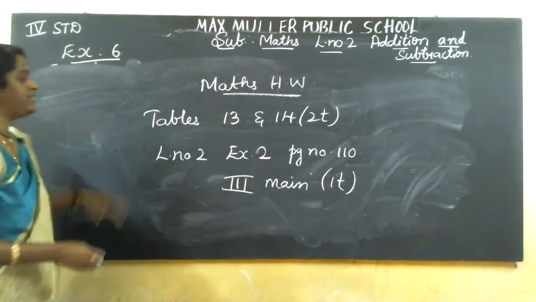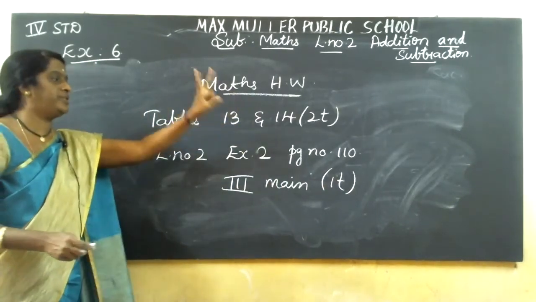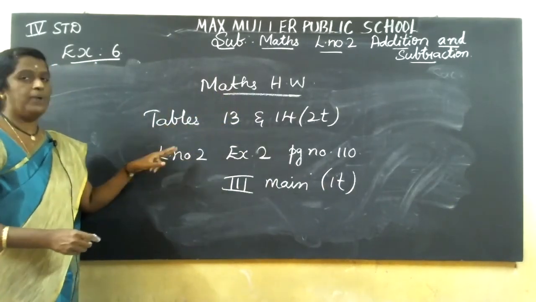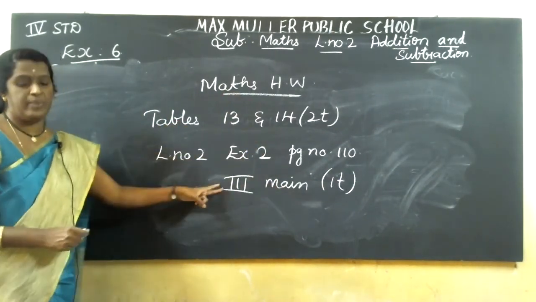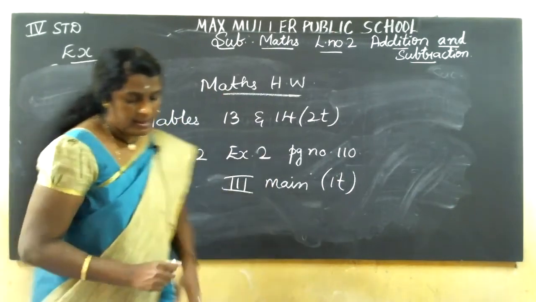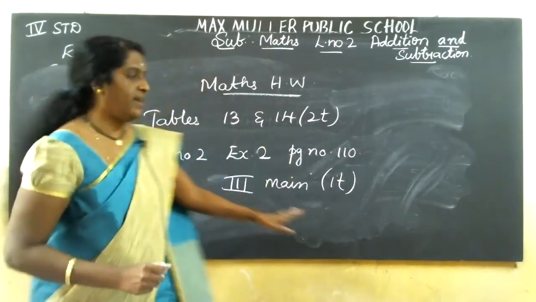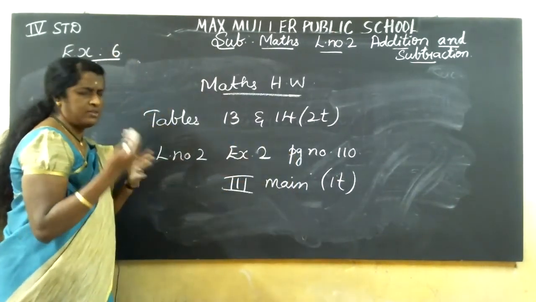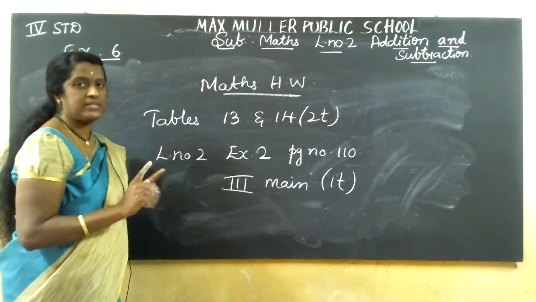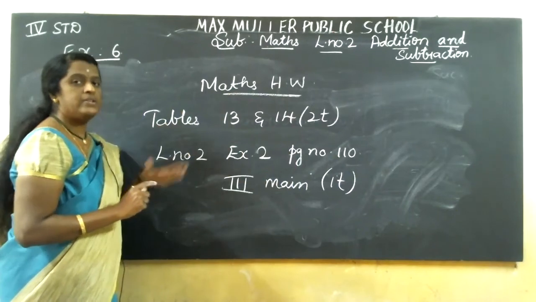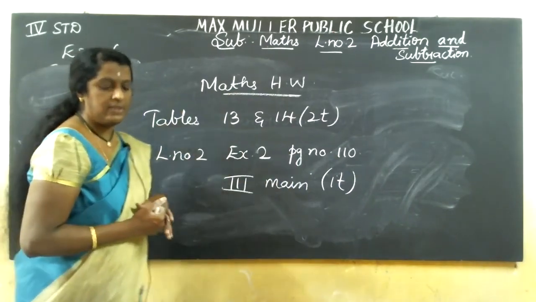So your homework is tables 13 and 14, 2 times. Lesson number 2, addition and subtraction, exercise 2, page number 110, third main. That is fill in the blanks. So write one time, neat, leave a line or don't leave a line, but neat handwriting, with finger space. Okay, complete everything. So here I'll end my class, children. Thank you.